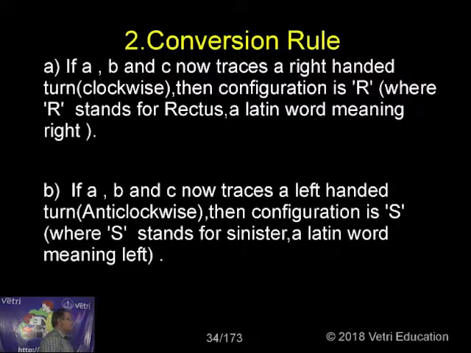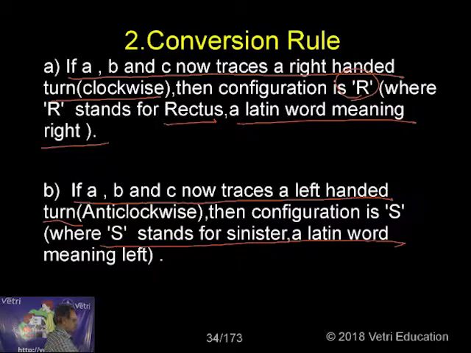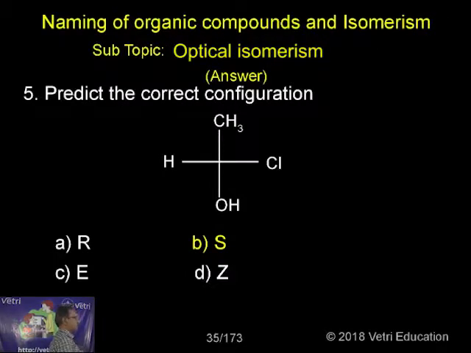Kindly follow, this is based on a model. If A, B and C trace a right-handed turn, clockwise, then the configuration is R, where R stands for rectus, a Latin word meaning right. If A, B and C trace a left-handed turn, anti-clockwise, then the configuration is S, where S stands for sinister, a Latin word meaning left. This is the most important factor you must come across.